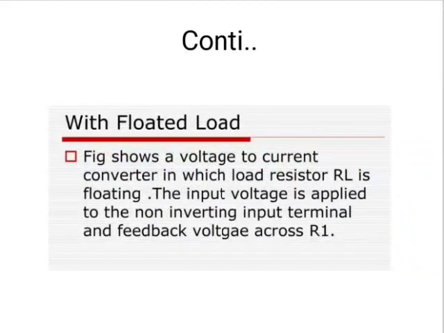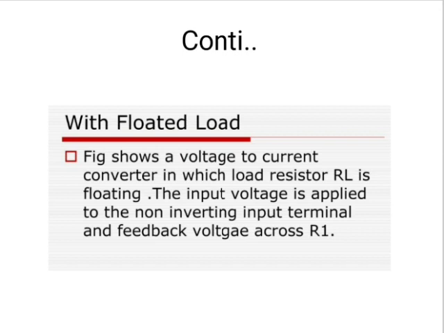Next is V to I converter with floating load. Now the V to I converter, that is voltage to current converter, in which load resistor RL is floating, that is, not connected to the ground.